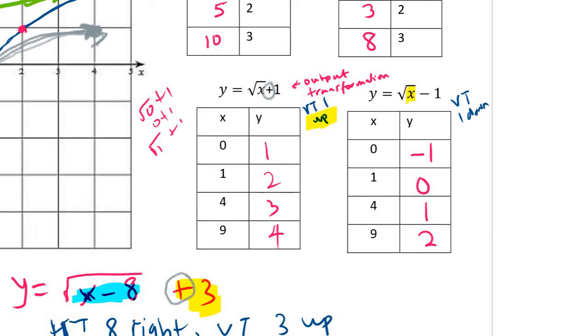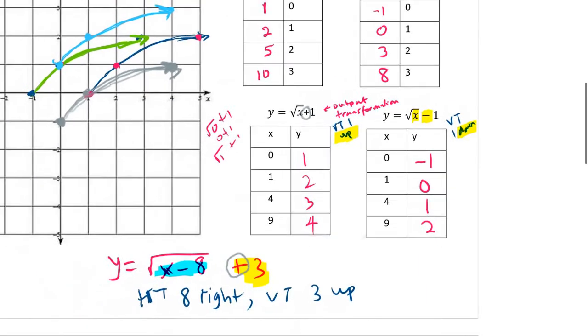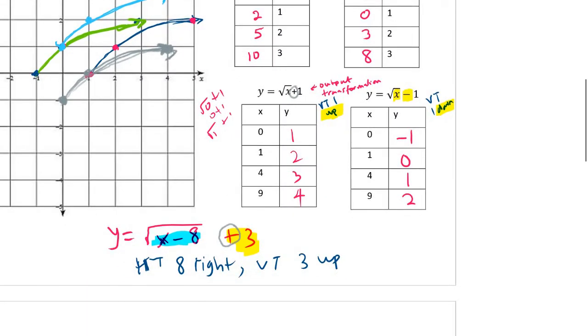If it's plus, it's up. If it's minus, it's down. So if it is output, that is the y value, that is changed, plus means up, negative means down. But for input transformation, minus means to the right and plus means to the left.